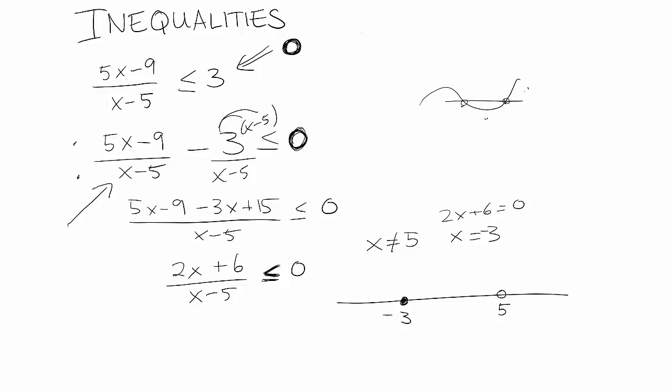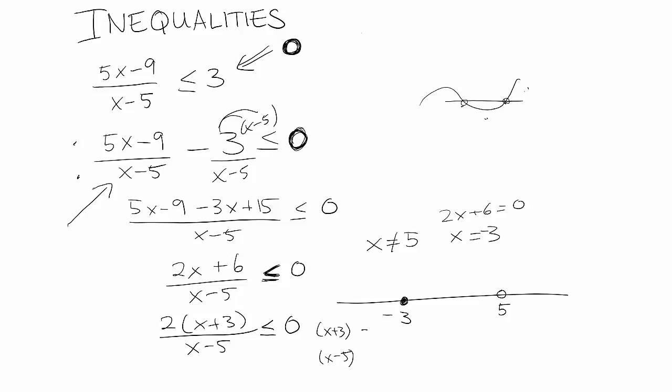Now you would test the regions and see what happens. It may be easier to actually factor this 2 out, just so you see that the 2 doesn't really matter. It could be divided out, but the x plus 3 and the x minus 5 really matter there. So negative 4 plus 3, and we do the same thing to test positive and negative.